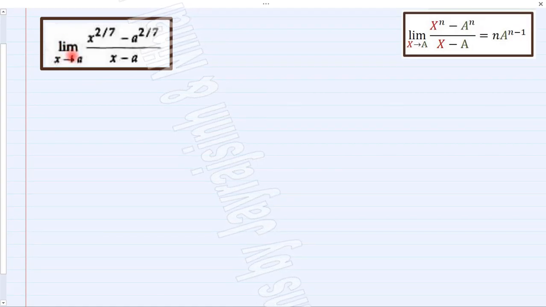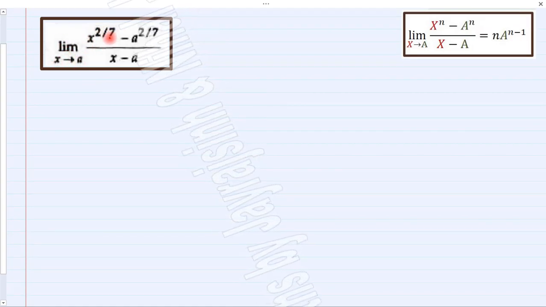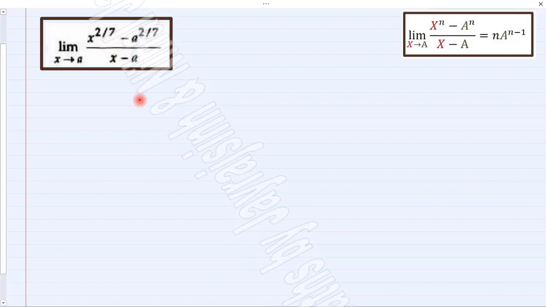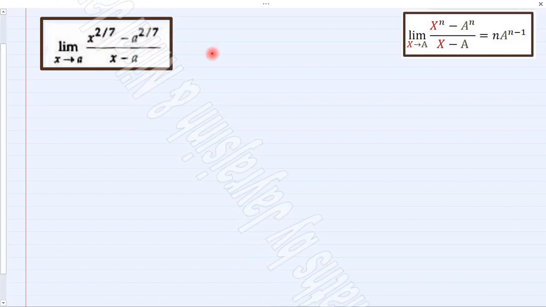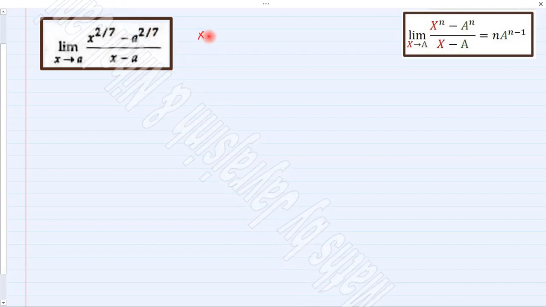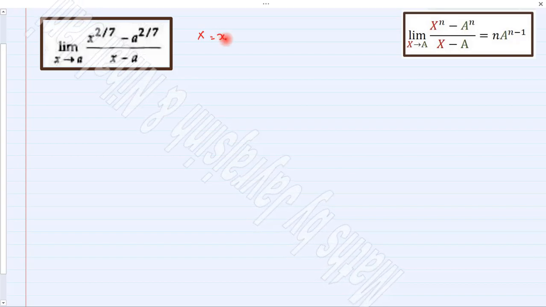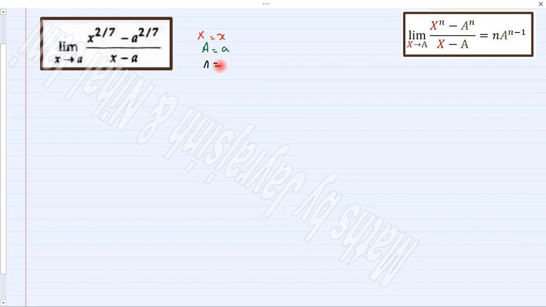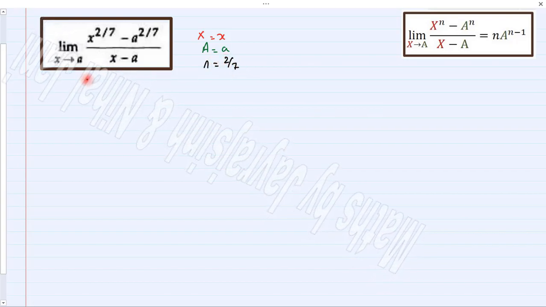In this question, we have limit x tends to a, x raised to 2 by 7 minus a raised to 2 by 7 upon x minus a. If we compare with the standard form, you can say your X is x, and your capital A is small a, and your n is 2 by 7.